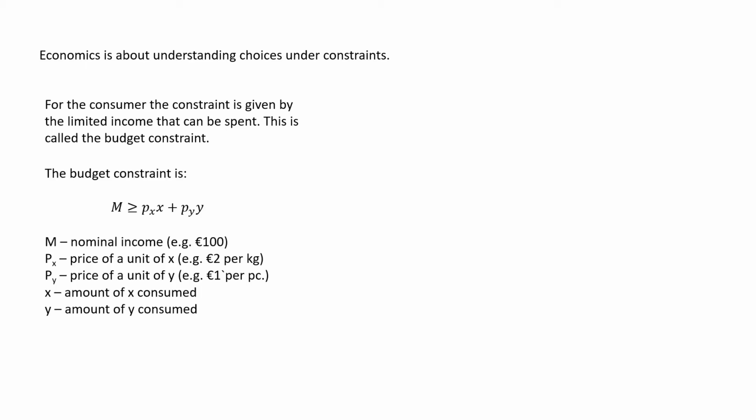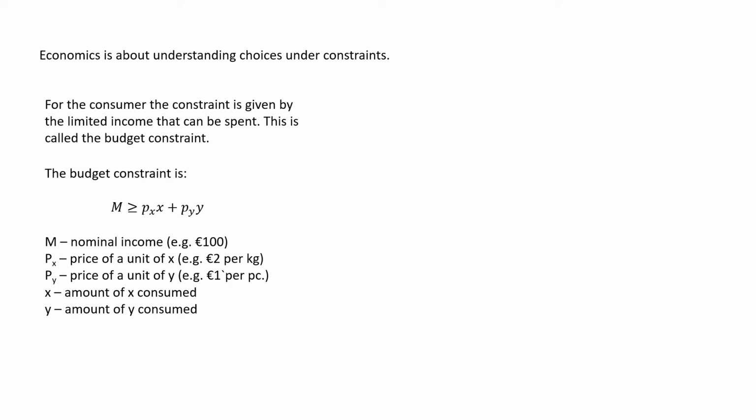The budget constraint can be written up mathematically like this, where the nominal income is denoted by M and the price of a unit of X and Y is denoted by Px and Py respectively, while X and Y denote the amount of X or Y consumed. More generally speaking, of course, it is not necessary that the agent spends all of their income.